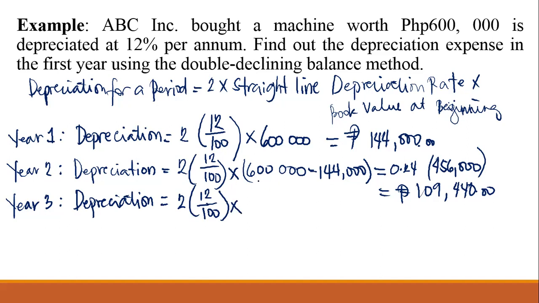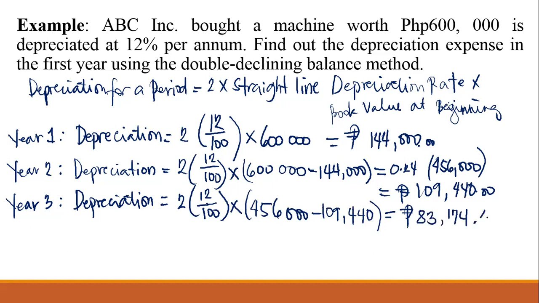So, we have now the, ayan, 456,000 minus 109,440. Okay? So this is now equal to 83,174 pesos and 4 centavos.